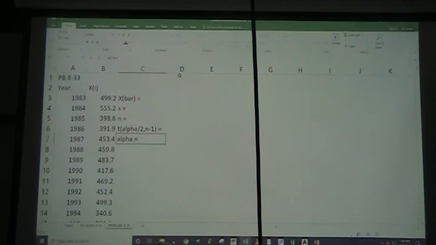All right, at 95%, that means that my alpha is going to be 0.05.